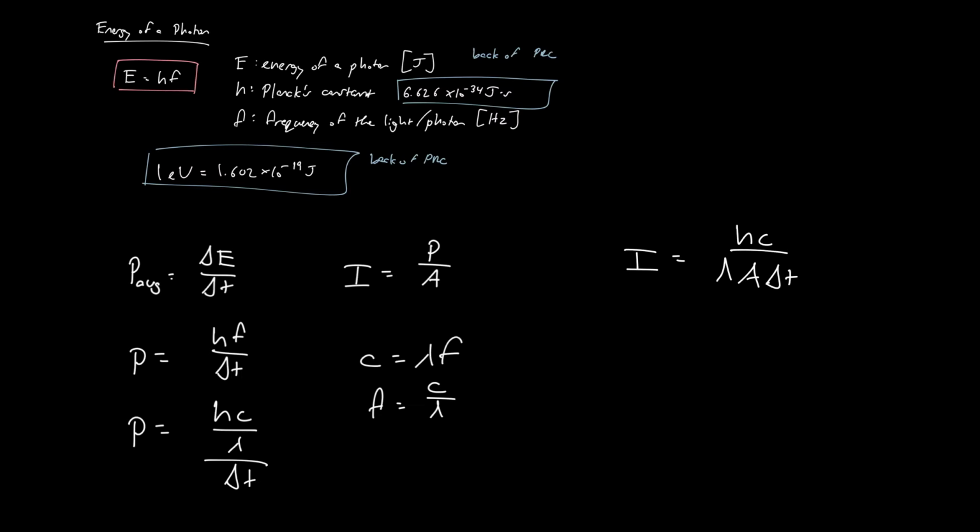So I would just say be comfortable with the concepts of what intensity is, power per area; power, which is energy per time; and then energy of a photon, h times f, or hc over lambda. Just be familiar with those concepts and be able to relate them together.